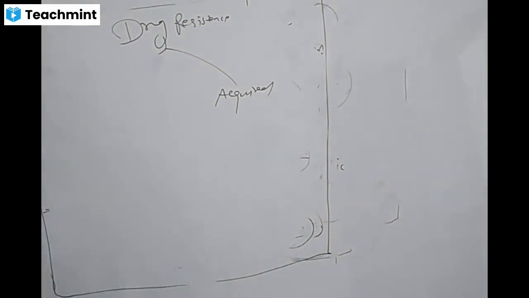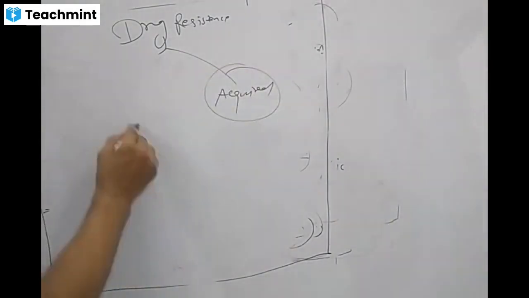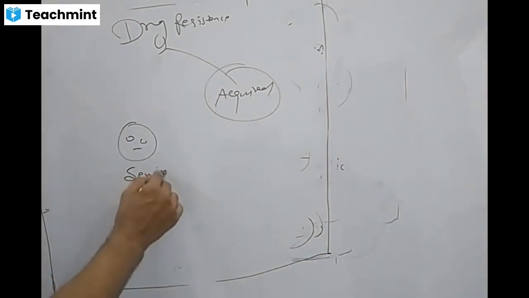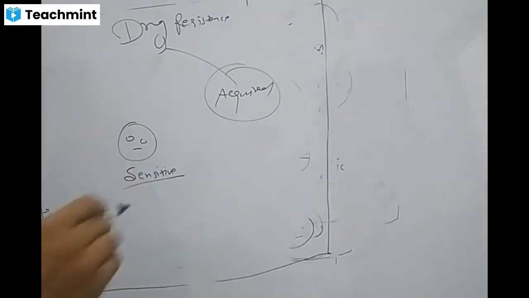And the second one is acquired resistance. Acquired means initially this was a bacteria and it was sensitive.